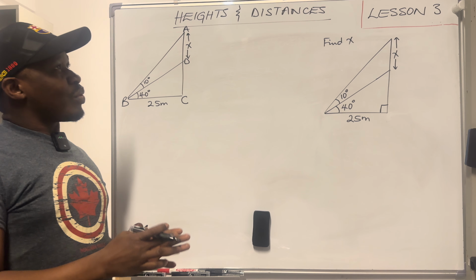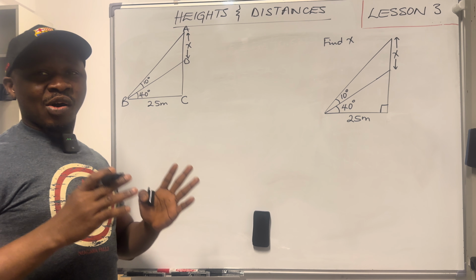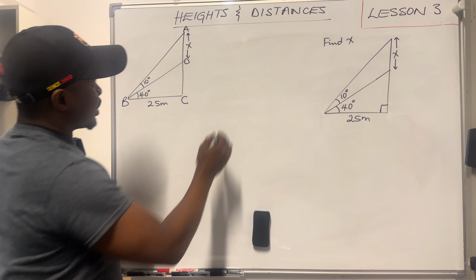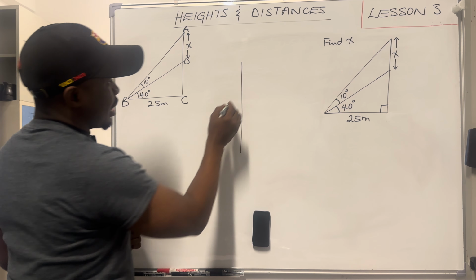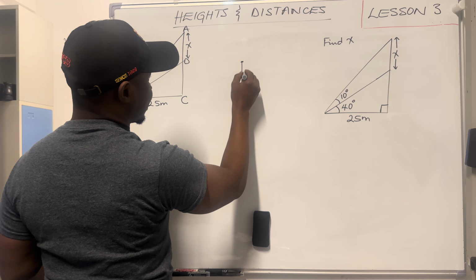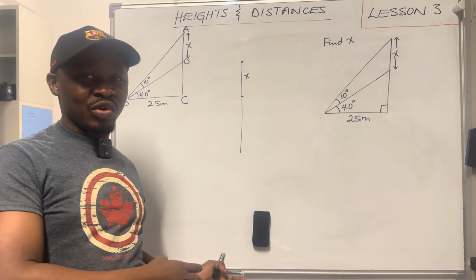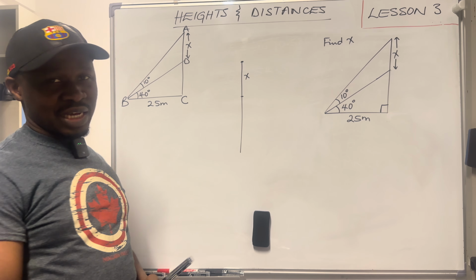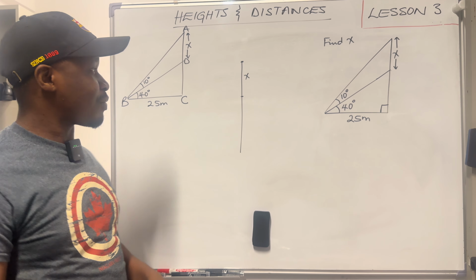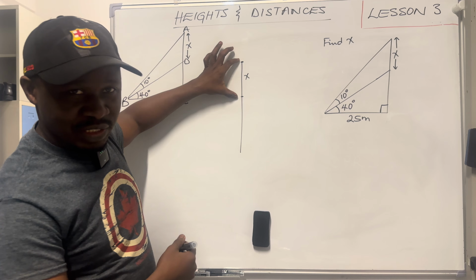Now, let us go like we are complete beginners. This is a line, and we are told that from this to this is x. Once we say it is x, it means we don't know the actual value until we find it later after a series of calculations.